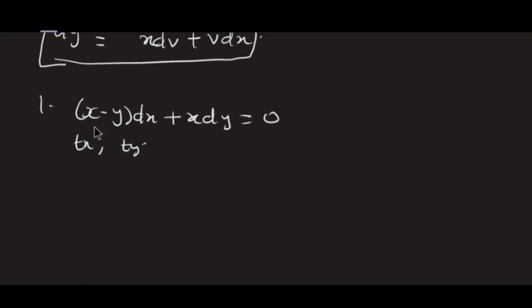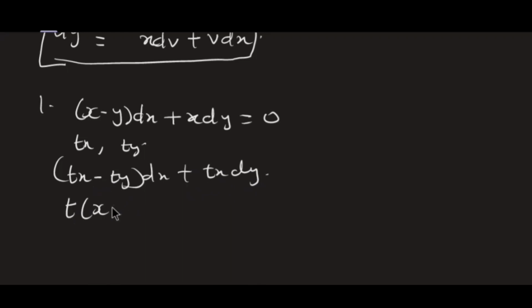So wherever you see x, you put tx, wherever you see y, you put ty. So I'm going to get (tx minus ty) dx plus tx dy. Now let's see, I can factorize my t out here. I'll get x minus y. I can factorize my t out, tx.